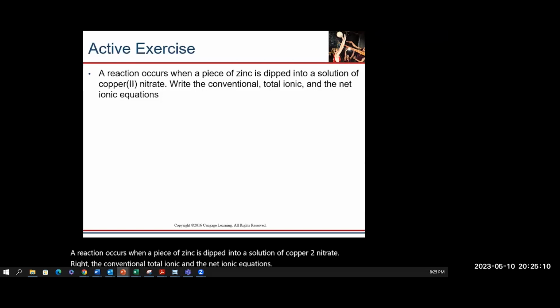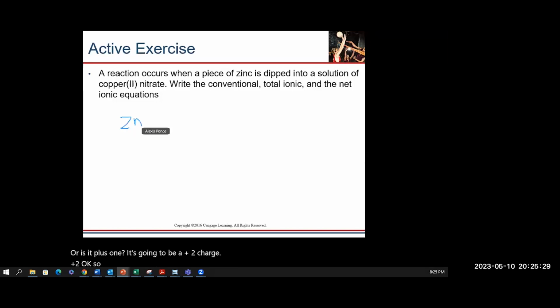Let me pull up my periodic table here. Zinc has a +2 charge, or is it +1? It's going to be a +2 charge. Okay, so that's your metal. And copper 2, so that's Cu.